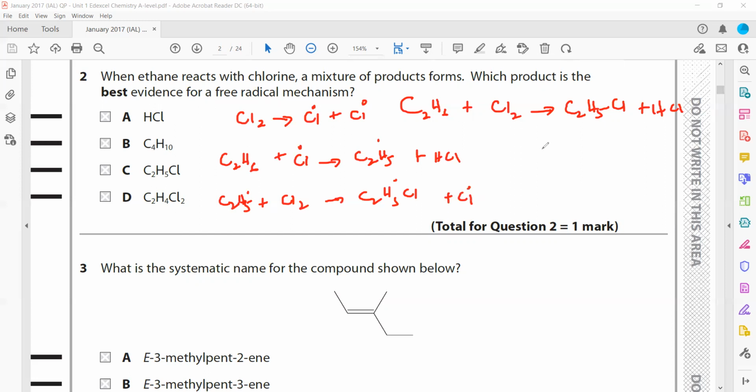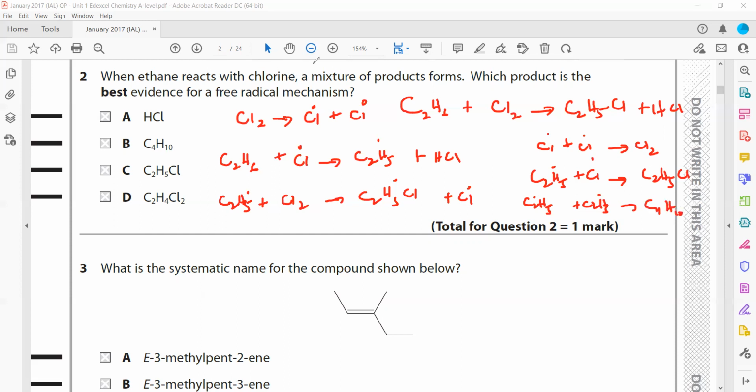But the termination steps include when the free radicals react. If a chlorine free radical reacts with another chlorine free radical, it forms a chlorine molecule. If an ethyl free radical reacts with a chlorine free radical, it forms ethyl chloride, C2H5Cl. And when an ethyl radical combines with another ethyl radical, it forms C4H10.